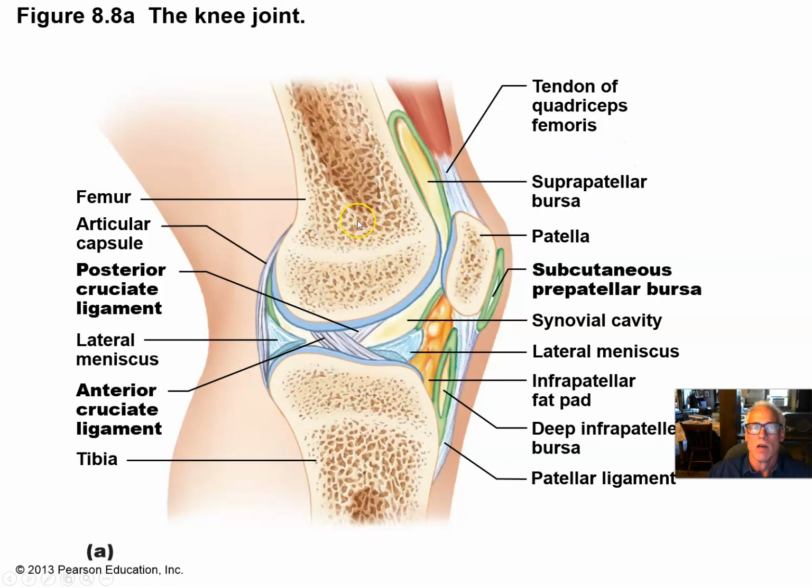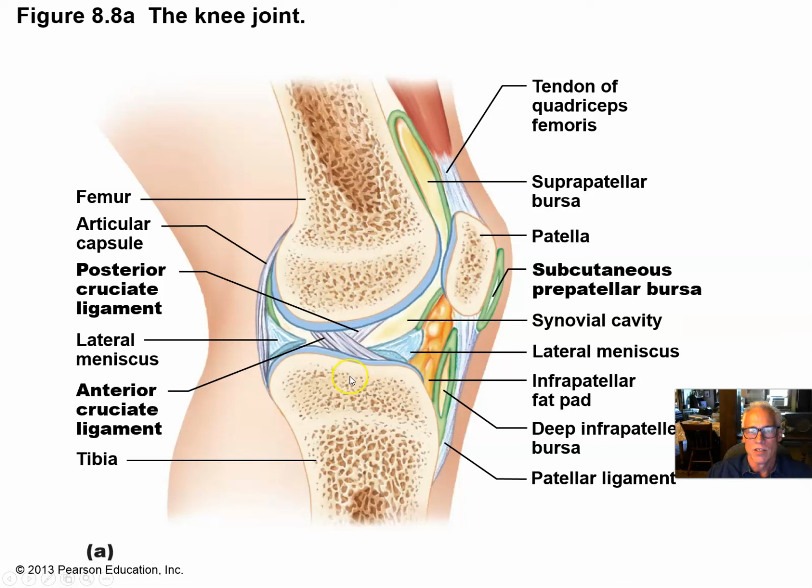Here's the knee joint. The femur has a rounded end which just rolls on the top of a flat table of the tibia. So you basically have a flat tabletop and a rounded bone that has to go through this movement in which there's only a little bit of this curve sitting on the tibia at any one time, but it needs to remain in a position directly atop the tibia.